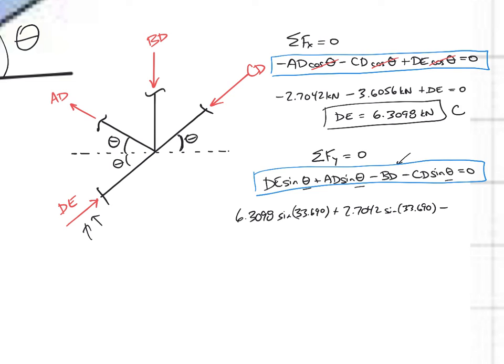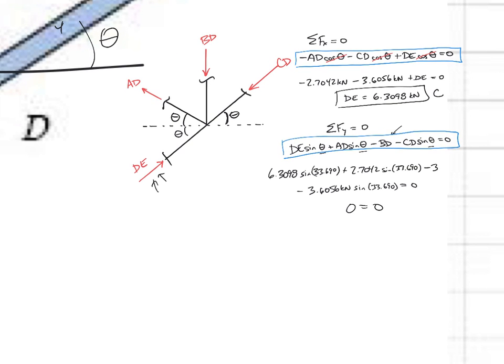BD was 3, if I remember correctly, minus CD, which is 3.6056 kilonewtons times the sine of 33.690 equals 0. And so this goes to 0 equals 0. So that's a redundant equation because we already knew everything, so it doesn't really matter.